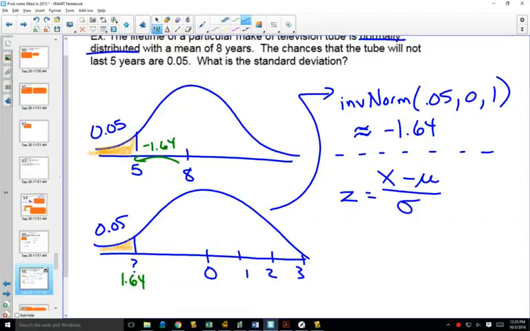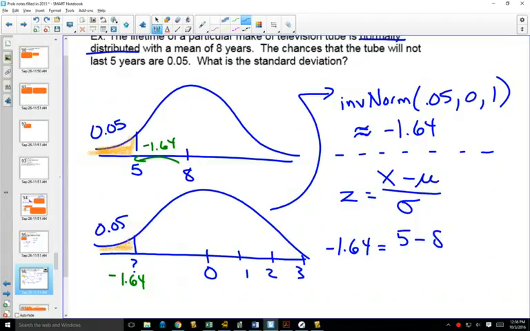In this case, I know my Z-score is negative 1.64. We know that our actual score is 5.